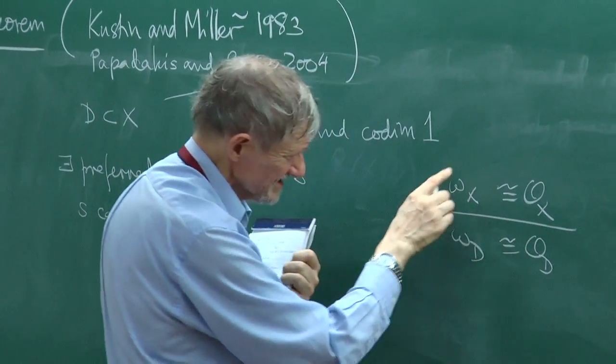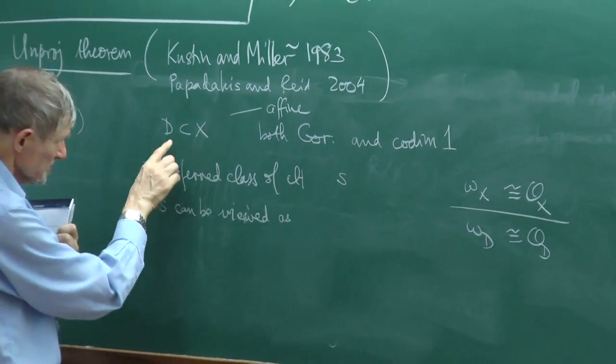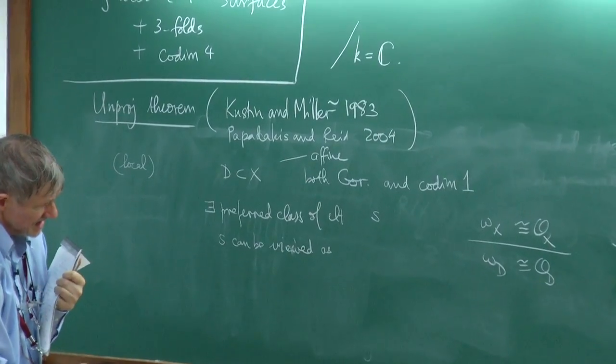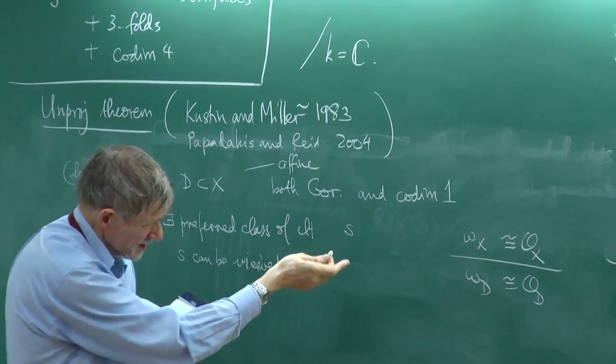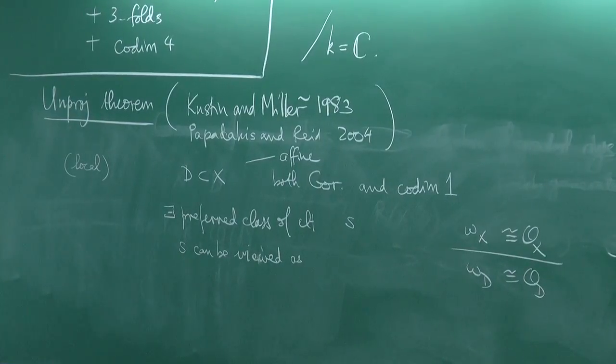The things I'm writing down here are the Serre-Grothendieck dualizing sheaves, dualizing modules if you prefer, if you want to be purely algebraic. I can explain that a little bit, but it takes time, and it's probably better if I explain that after the talk.